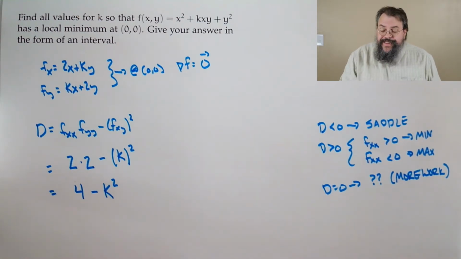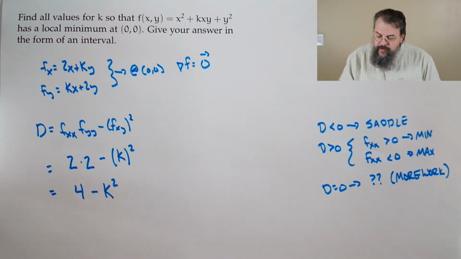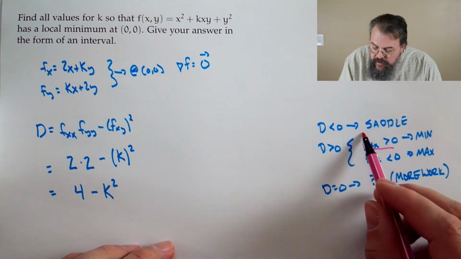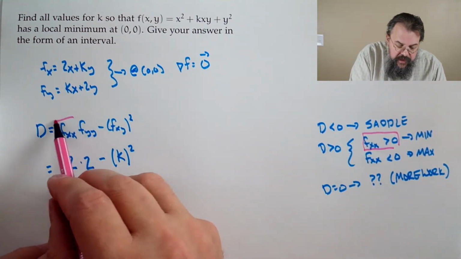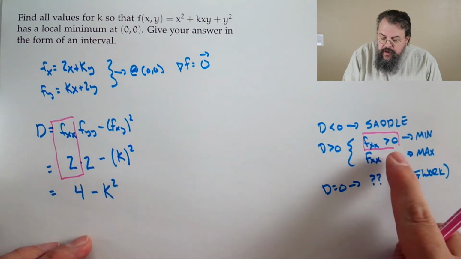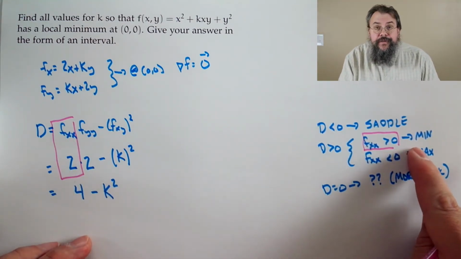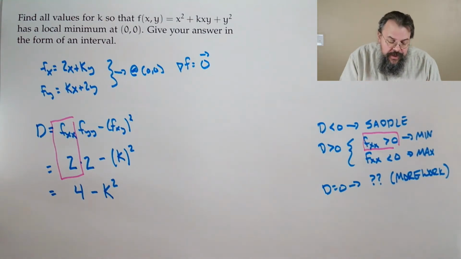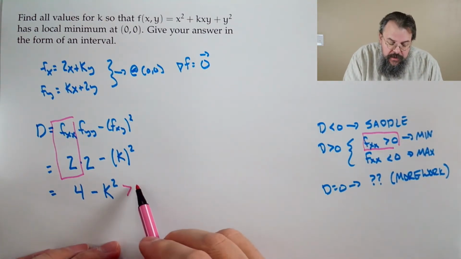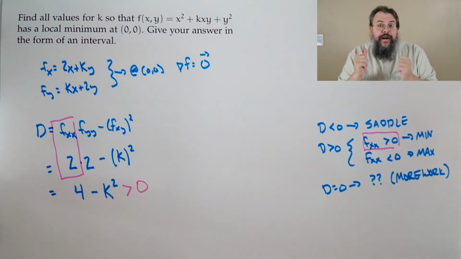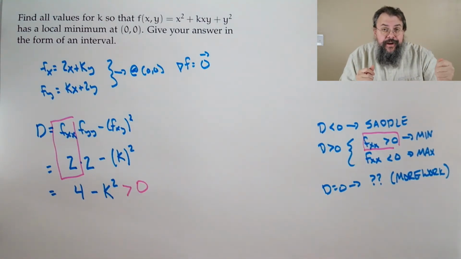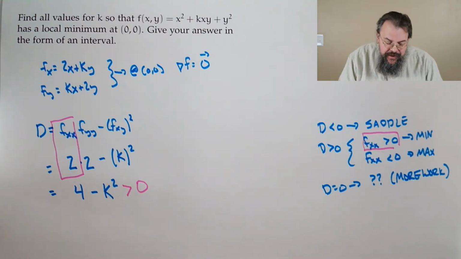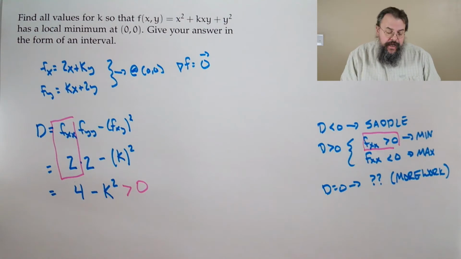Now, notice something. This is nice. We really want to key off of fxx. But notice that our fxx is 2. So fxx is always positive. So we say, aha, perfect. So what we really want is we want this to be positive. Because if that's positive, our fxx is also positive, we're at a local min. Ha ha, perfect. Okay, now, what happens?